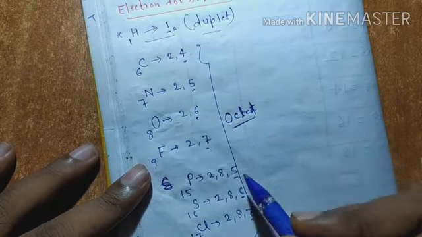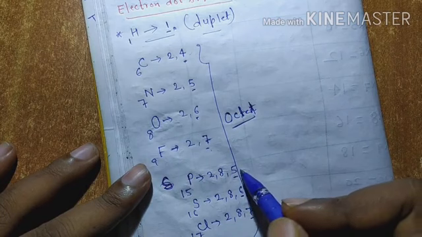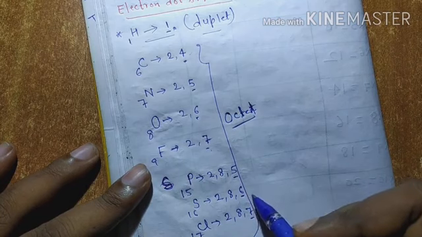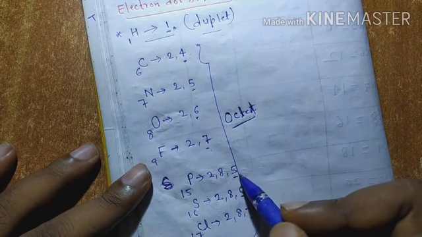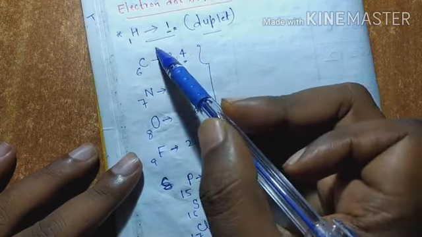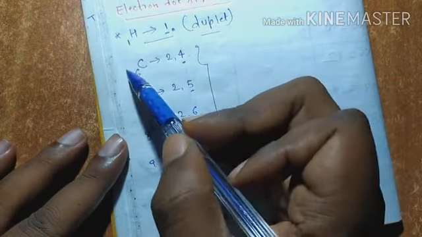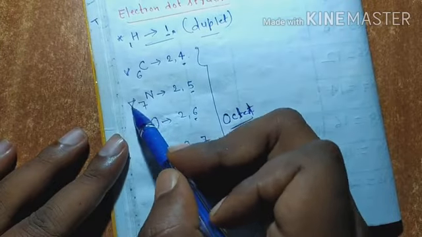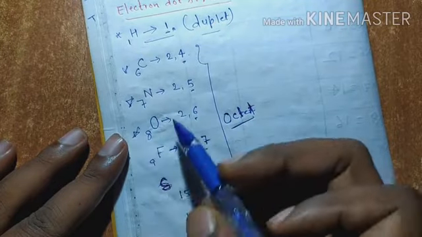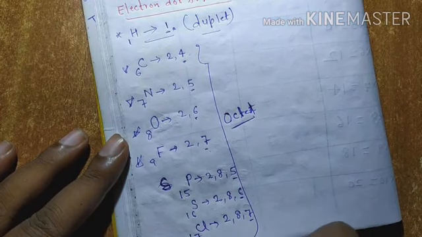But sometimes there can be more than 8 electrons in the outermost orbit during the formation of a covalent bond. The most important elements are hydrogen, carbon, oxygen, fluorine, and chlorine.